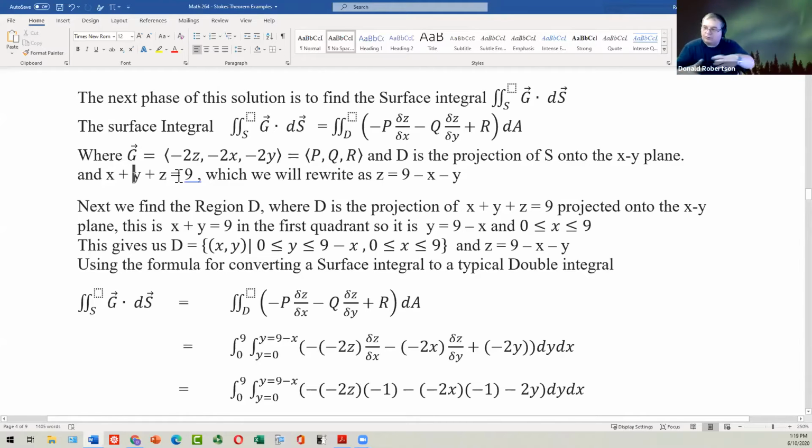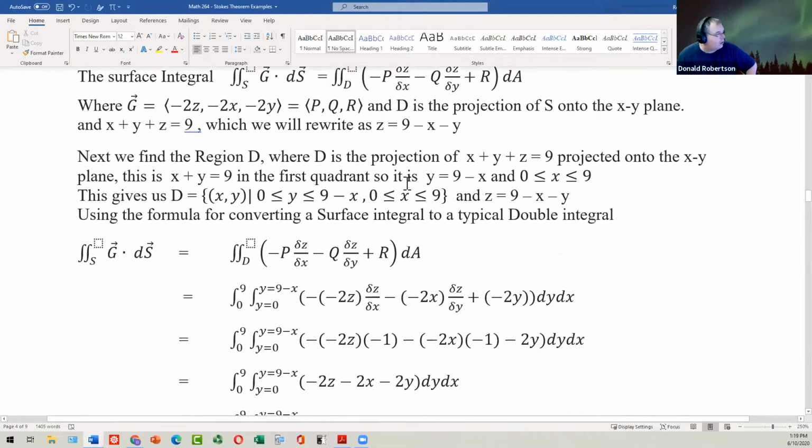And it's only within certain regions. If that drops down to the floor, all you need to do is basically make z 0, and that's what it looks like on the floor. So you see this sloping line, its shadow on the floor is basically just this fella, which if I rewrite it is this guy. So this plane has this image on the floor: y equals the straight line 9 minus x, between 0 and 9.